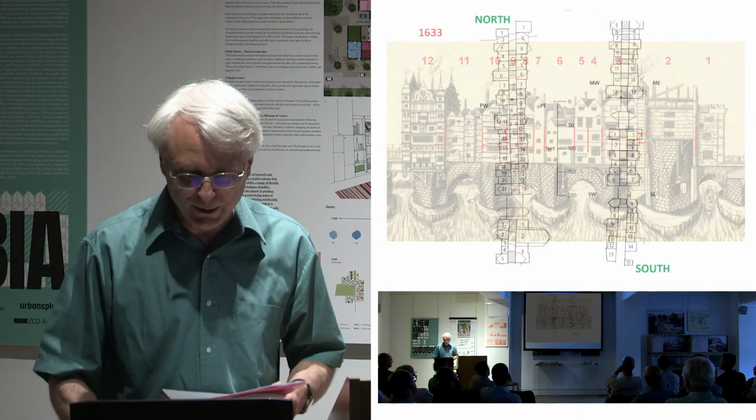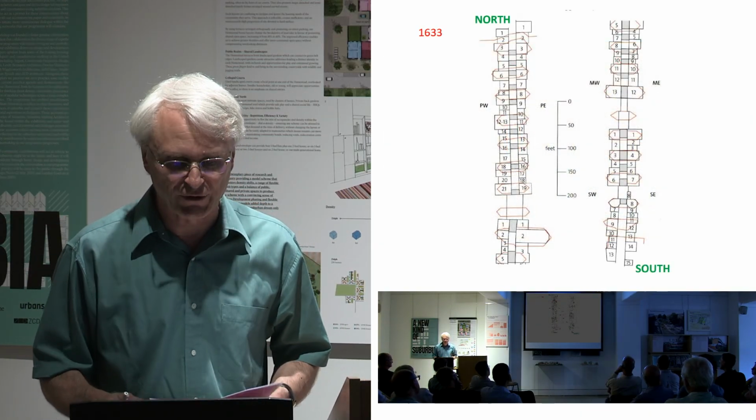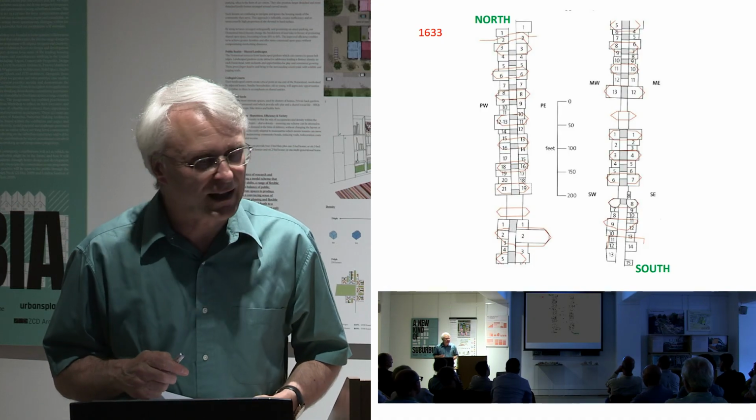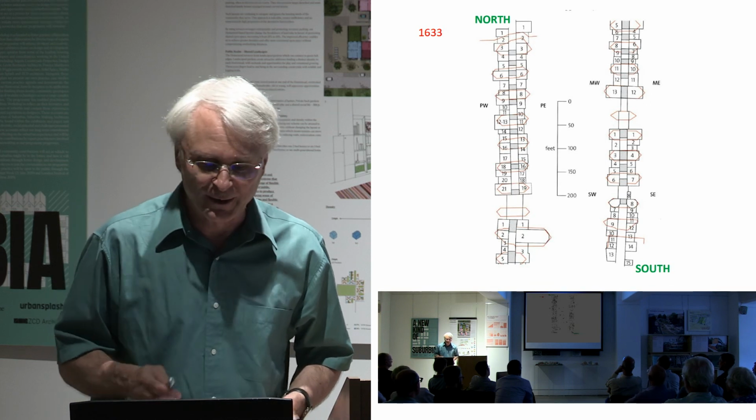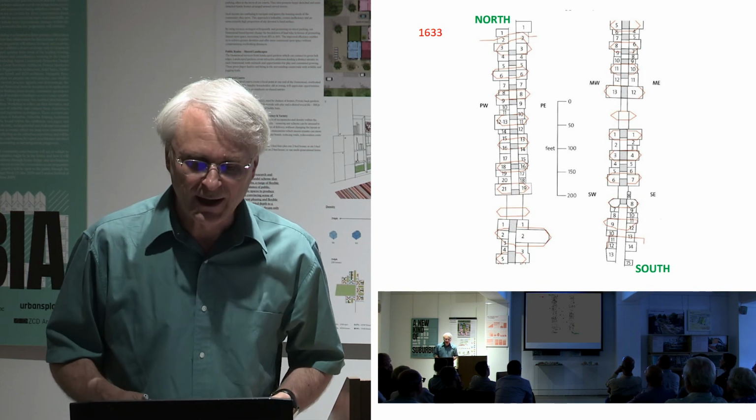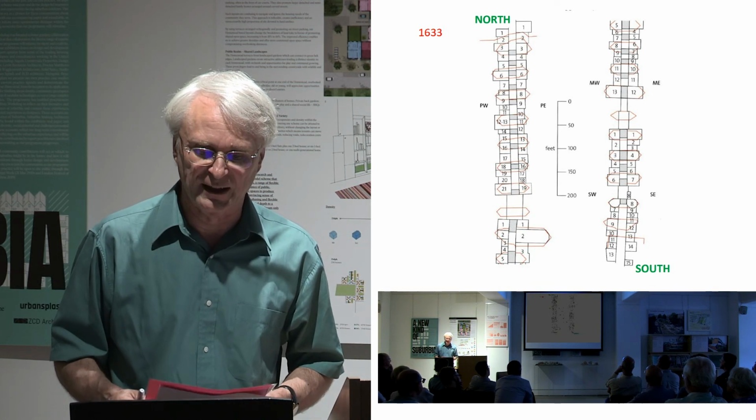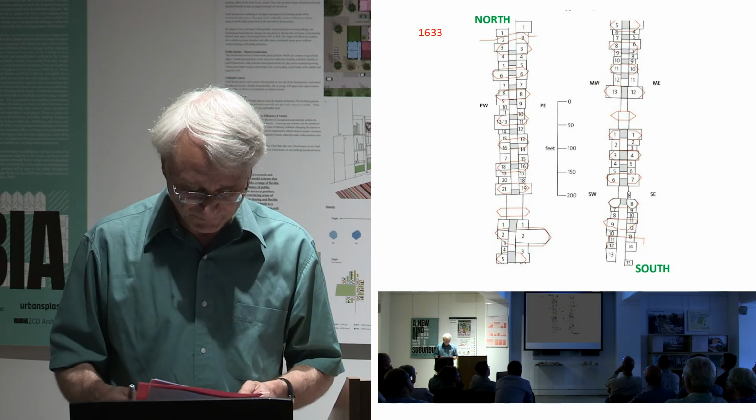The other thing we can do is plot the houses on a map. In there, the piers are in red, and the numbering is my own, as I used in the book. The grey is the cross buildings over the street.